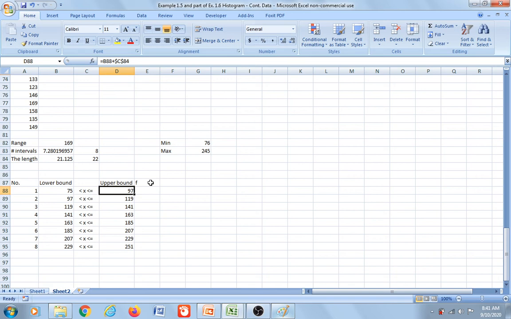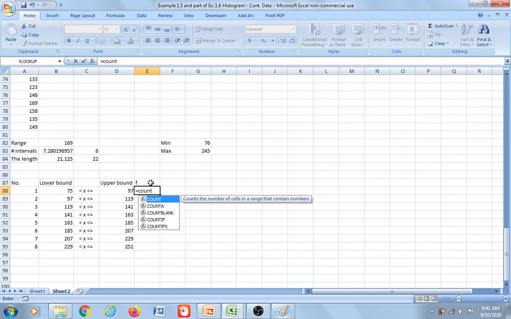If you do this manually, you need to count it manually, but with Excel we can use the formula COUNTIFS. It will ask you for criteria range 1.